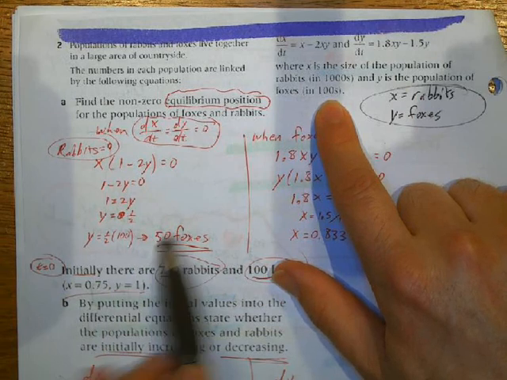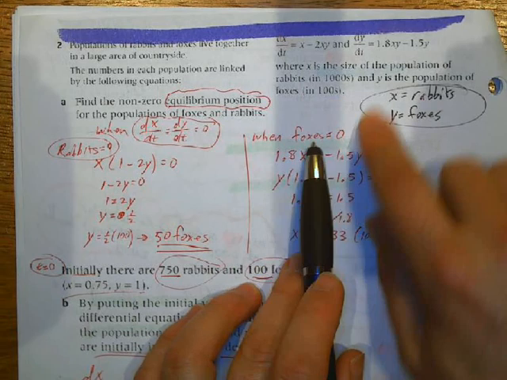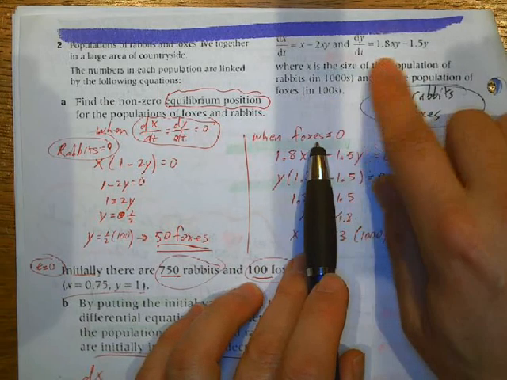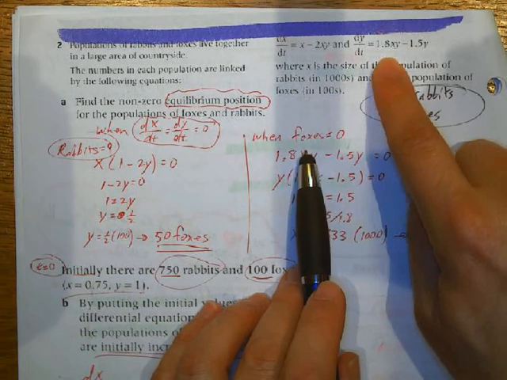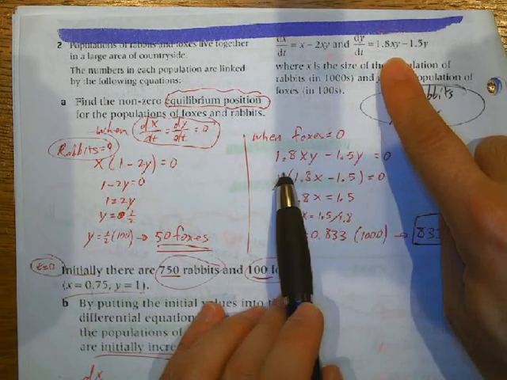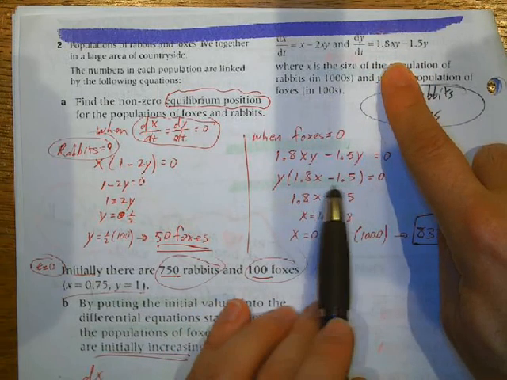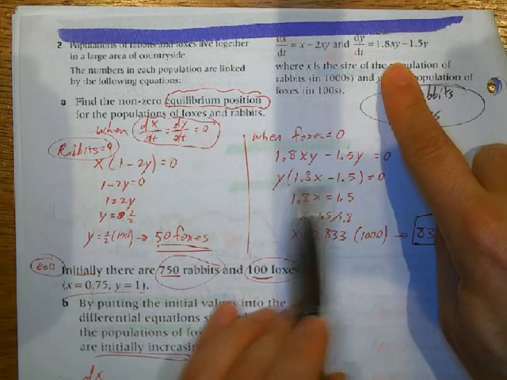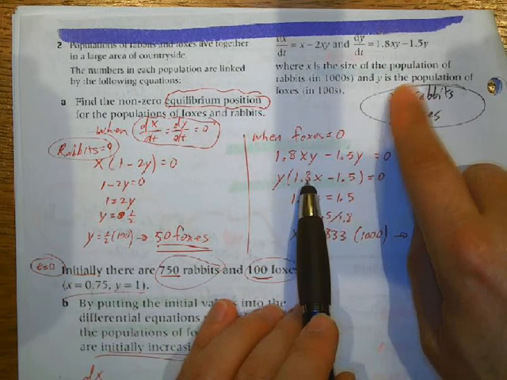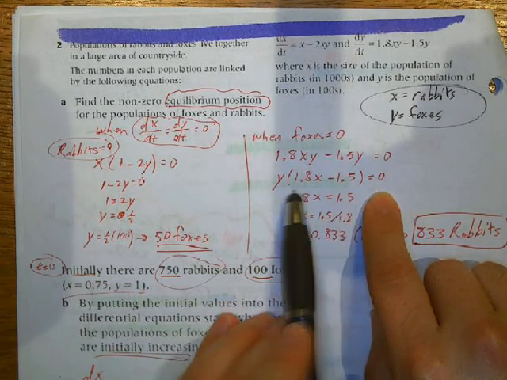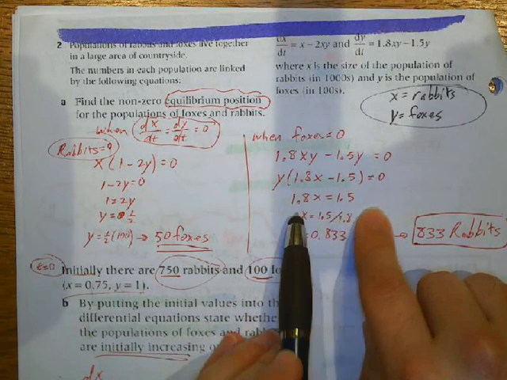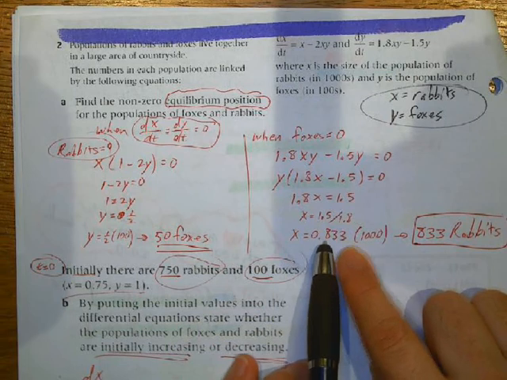When the fox population is 0, then I look at this equation here, and I can factor out the y. And so the other equilibrium point, when the foxes is equal to 0, is when I make this factor equal to 0, and we end up with 0.833.